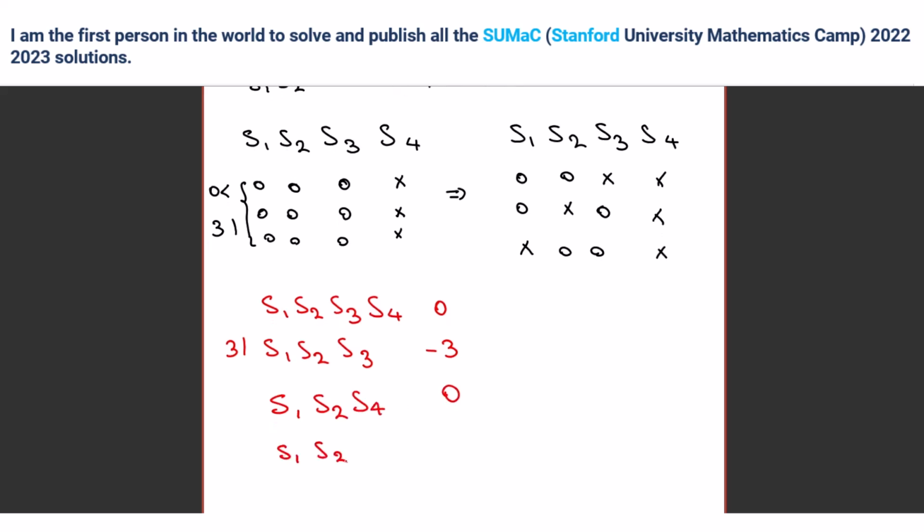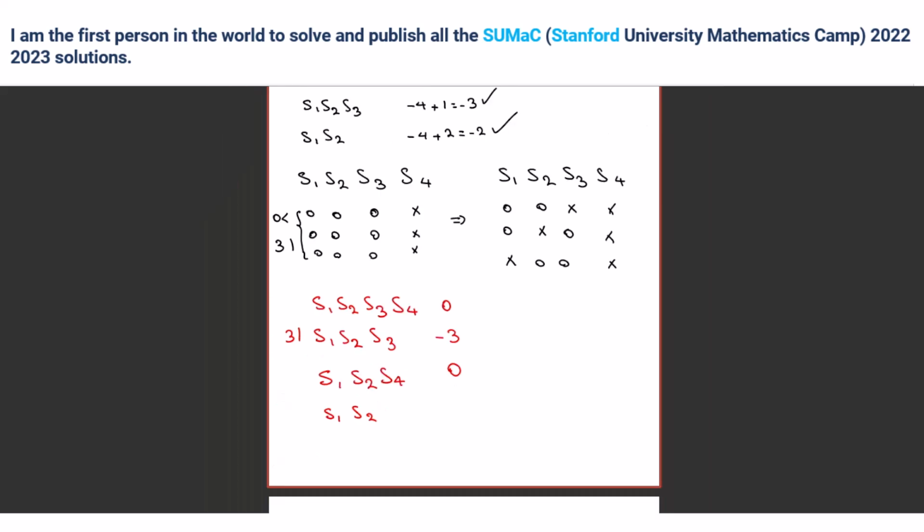What about S1, S2? -2. -3 here, plus 1, -2. Again, it's good because 2 should divide this, right? Okay, so if we do this part as much as we can, then we don't have any element that is in 3 of them, right? So then all the elements are in 2 of them or 1 of them, right?